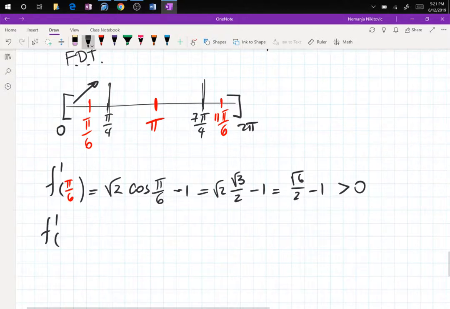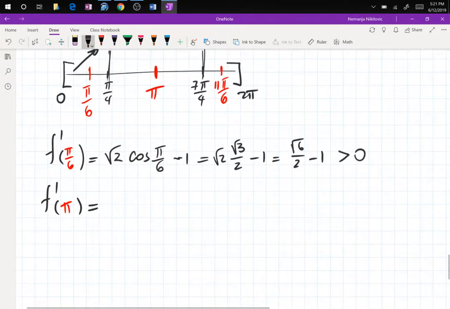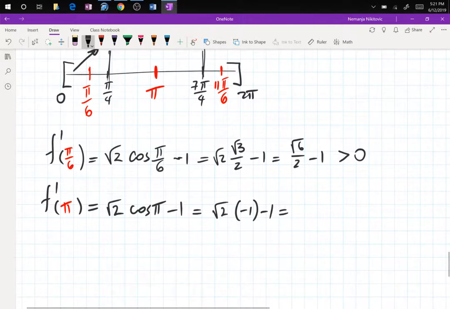Then we do the derivative test for pi. And that one is square root of 2 cosine pi minus 1. How much is cosine pi? Excellent. And then we subtract 1. So you have negative root 2 minus 1.